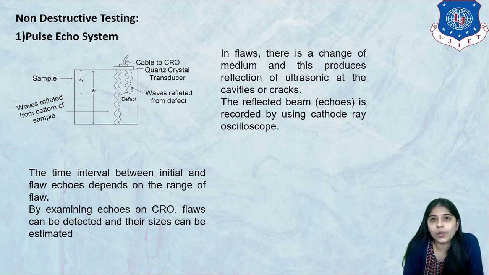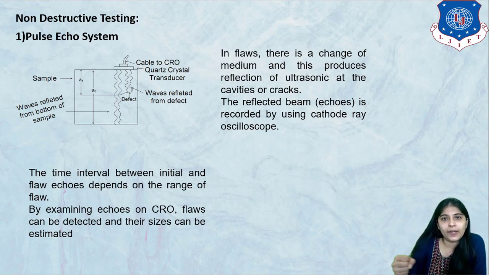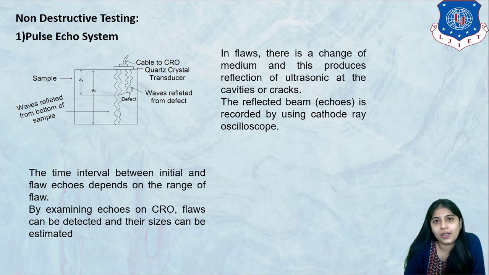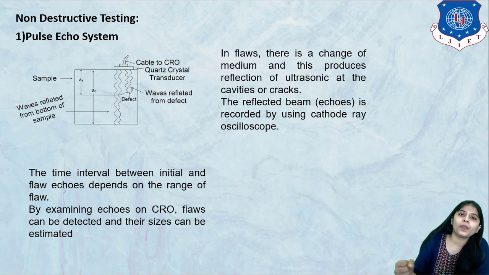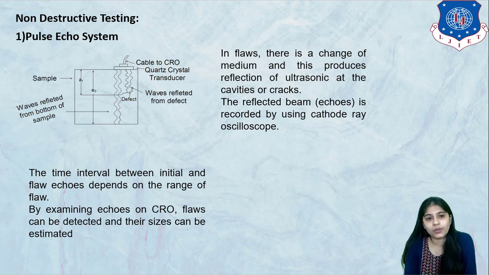Suppose you are sliding the transducer over the sample. Glycerin or oil is used so that proper contact is there and there is no friction between the sample and the transducer.